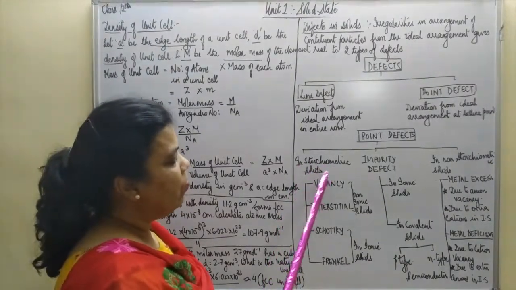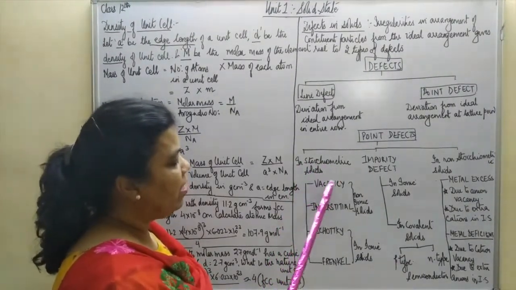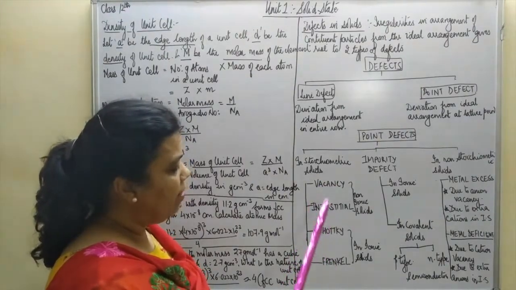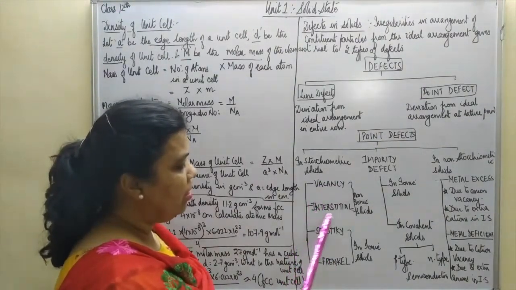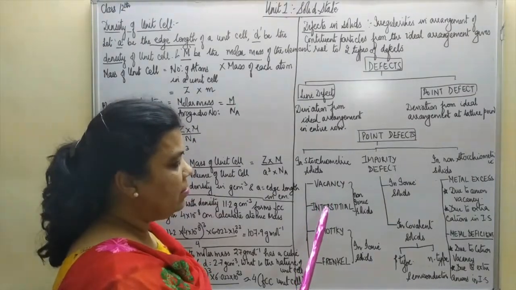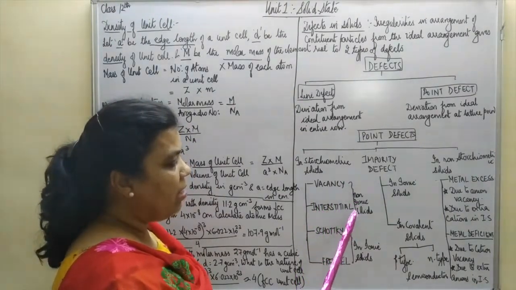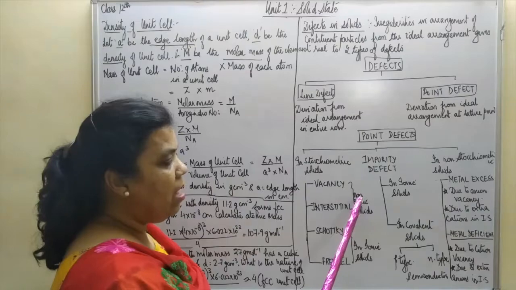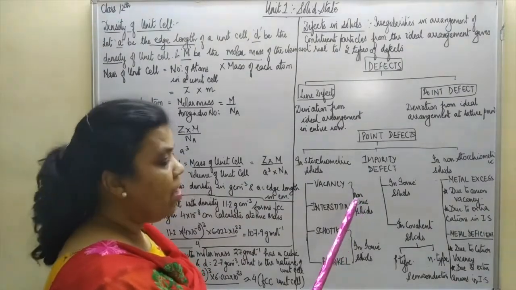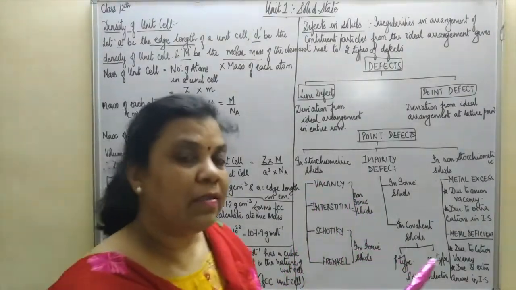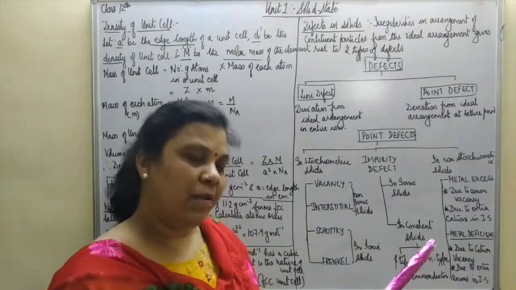In stoichiometric solids, the defects exhibited are of four different types. Vacancy and interstitial. Remember, vacancy and interstitial are the characteristic defects exhibited by non-ionic solids, where the constituent particles are not ions but atoms.